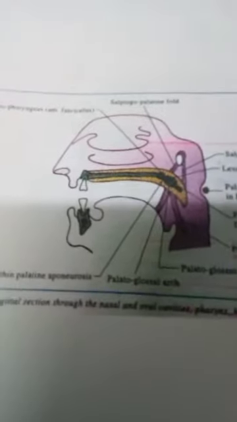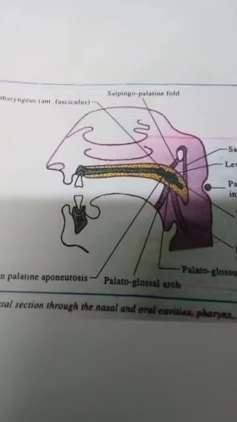General sense of soft palate is carried out by greater and lesser palatine nerve, long sphenopalatine and glossopharyngeal nerve. Special sense is carried out by glossopharyngeal and lesser palatine nerves. Parasympathetic or secretomotor function is carried out via lesser palatine nerves.